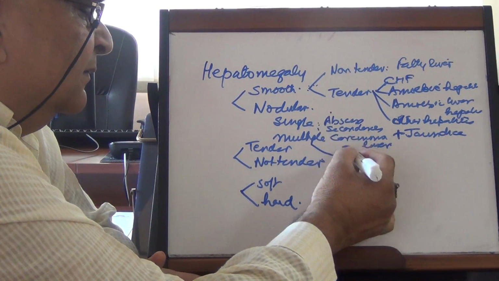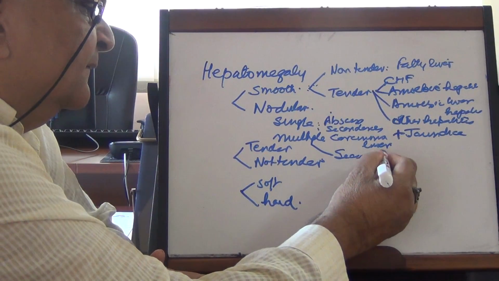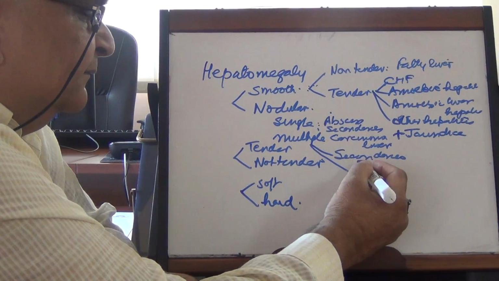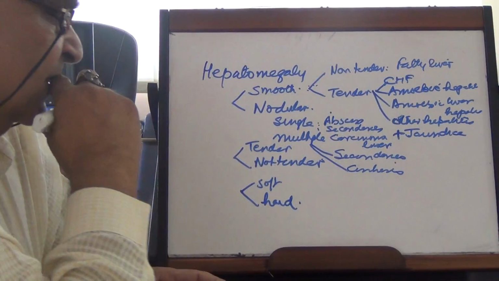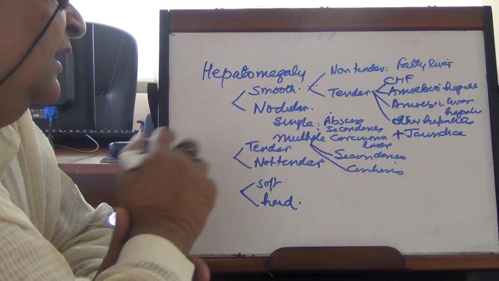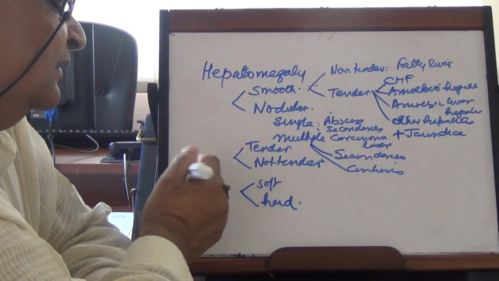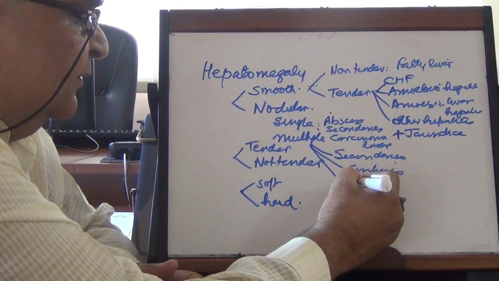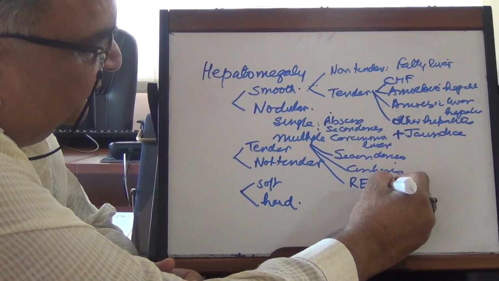Multiple nodules are usually felt in secondaries or they are also felt in cirrhosis. So, we have put tender and non-tender here. Then there can be very many other reasons of hepatomegaly, and they are because of reticuloendothelial proliferation.